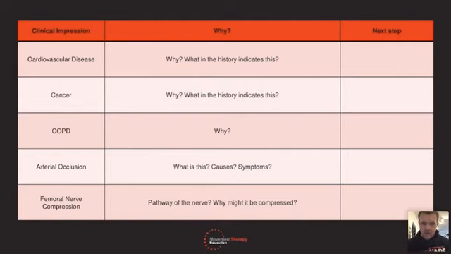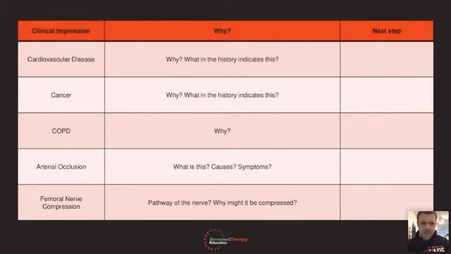What from her story can you get? Cancer. So why? Where? What in the history indicates that it may be a tumor? COPD, a chronic obstructive pulmonary disease. Why might she have that? What in her history makes you think that it might be COPD?